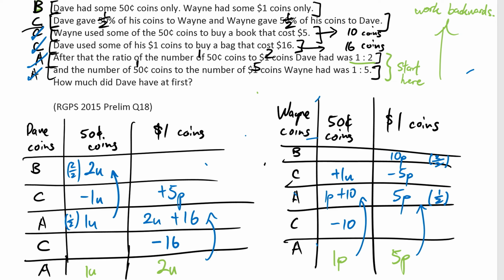So why is the before statement important? Change rule has been settled. Why is the before statement important? You only have 50-cent coins and you only have $1 coins. Because you can say this: you don't have anything, you don't have anything. And we can also say that 5 parts is equal to 2 units plus 16. And from the 50-cent coins that Wayne has, 1 unit is equal to 1 part plus 10.